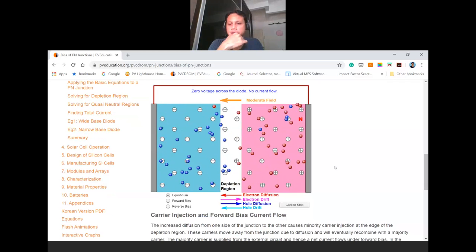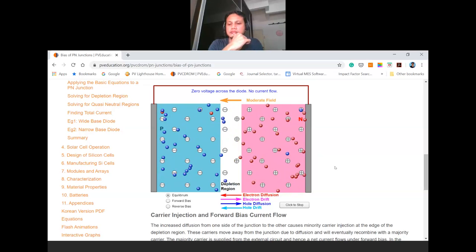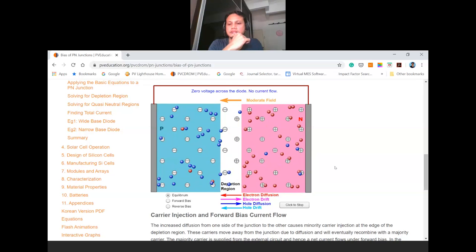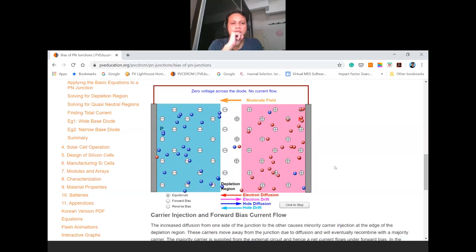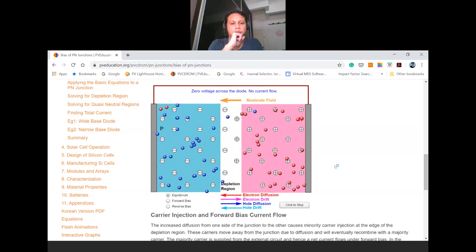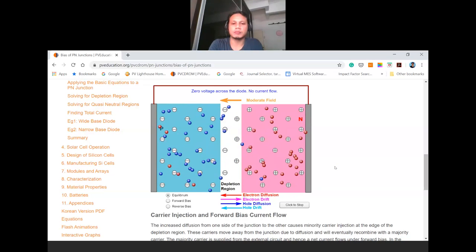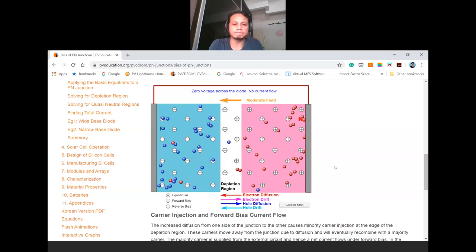So you can see the movement, right? This one is in thermal equilibrium condition. So what do you see there? What can you see from there?